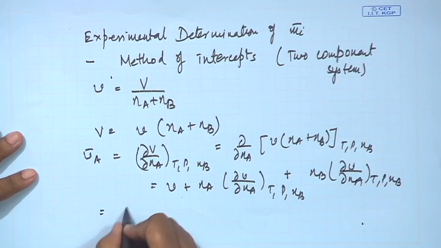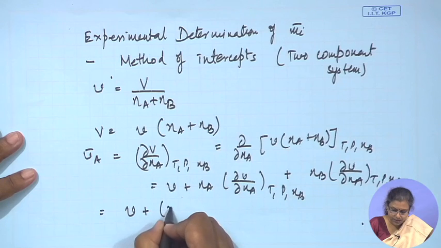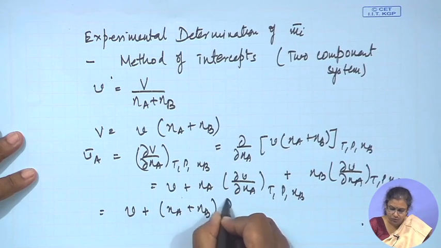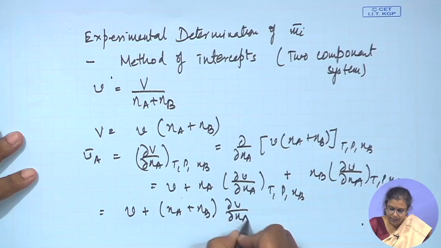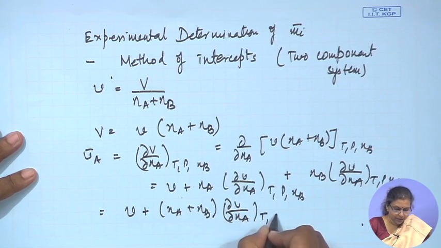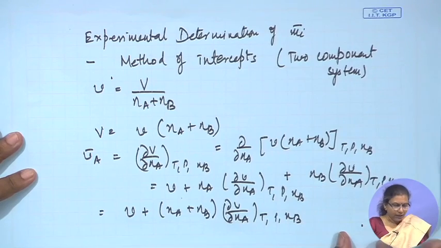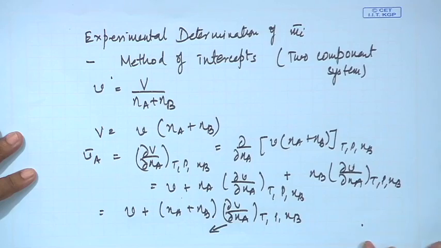So, therefore, what is this? This is equal to V plus Na plus Nb, that is the total number of moles, into del V del Na at Tp Nb. Agreed. Now, from chain rule, let us see if we can simplify this a little further. What is this?